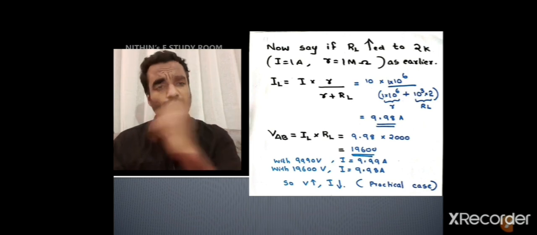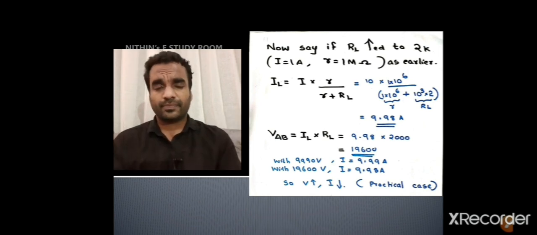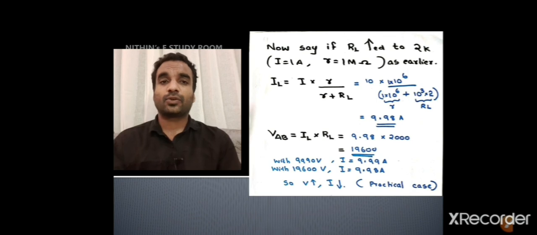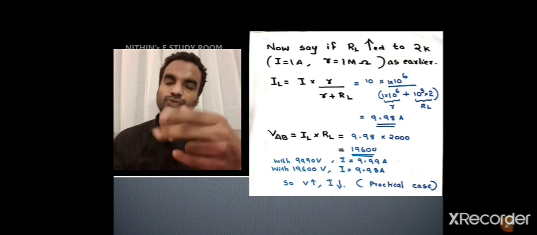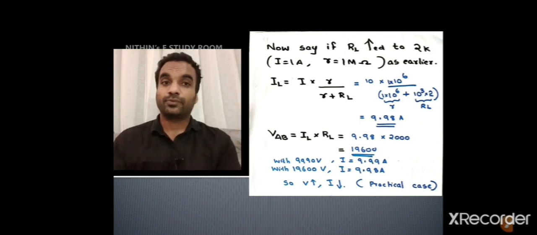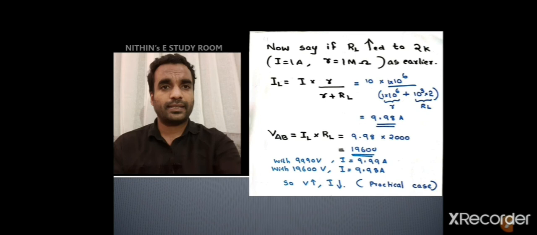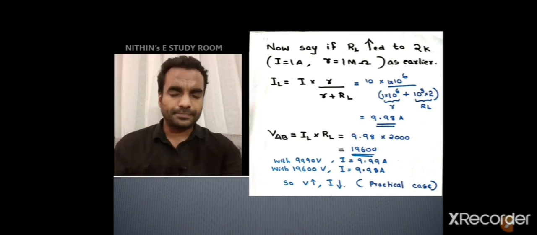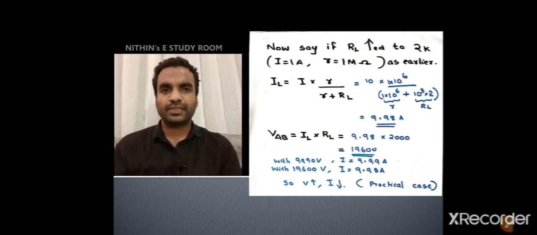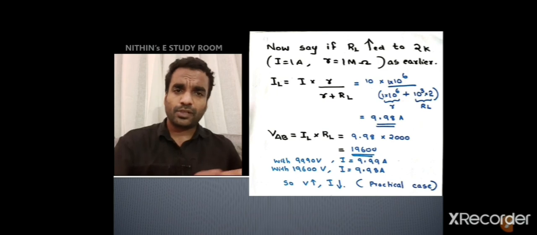In the case of a voltage source also we can show that. While we are increasing the load resistance from 1 ohm to 2 ohm, there was also a change in voltage value. So it is very clear that in the case of practical voltage source and current source, it perfectly depends on the value of circuit resistance.